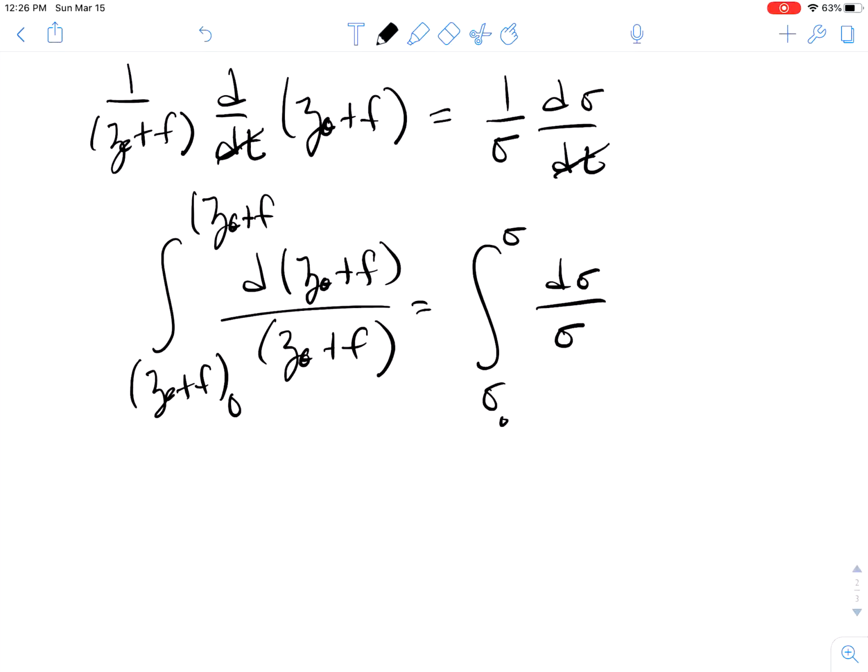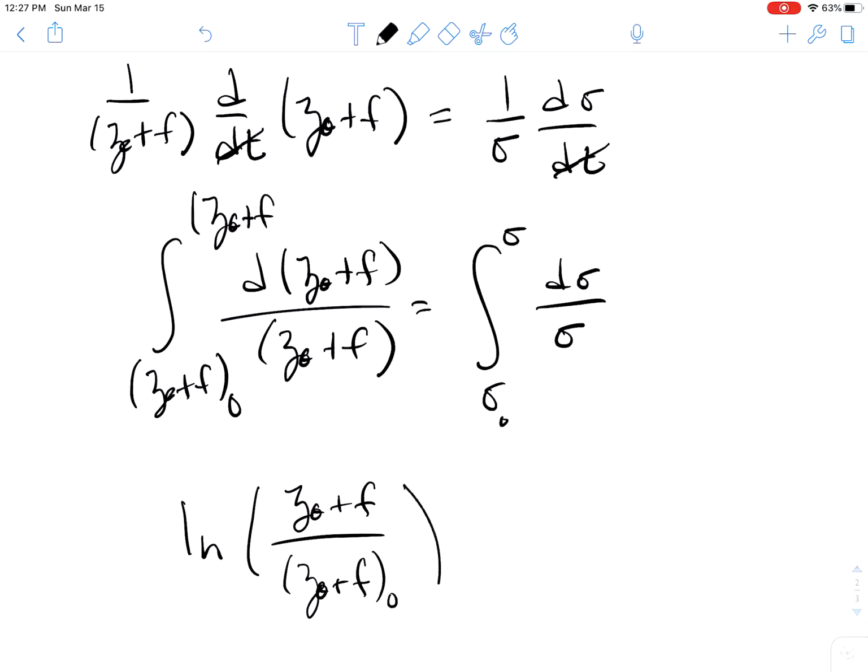It turns out here that we're going to get a natural log out of this, such that then we're going to have the natural log of the quantity zeta theta plus f over zeta theta plus f naught equal to the natural log of sigma over sigma naught. Well, how do we go ahead and get rid of the sigmas on either side?